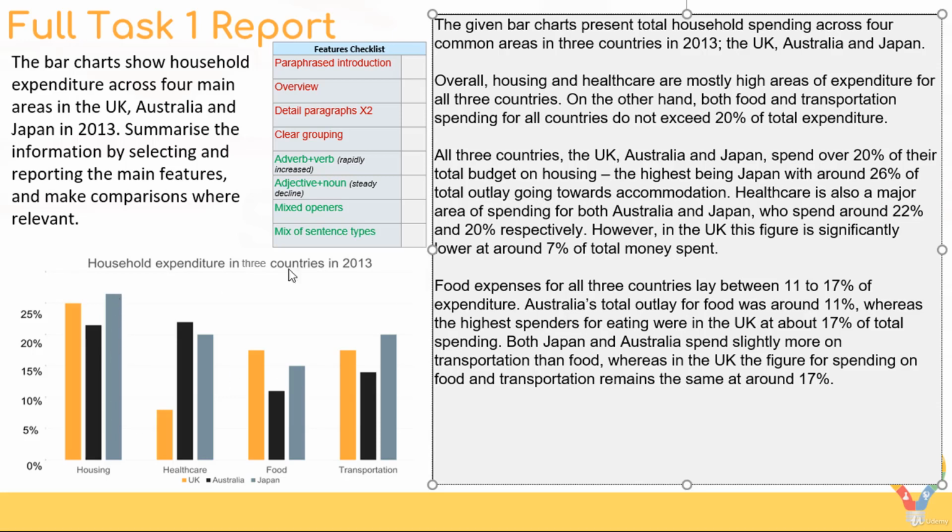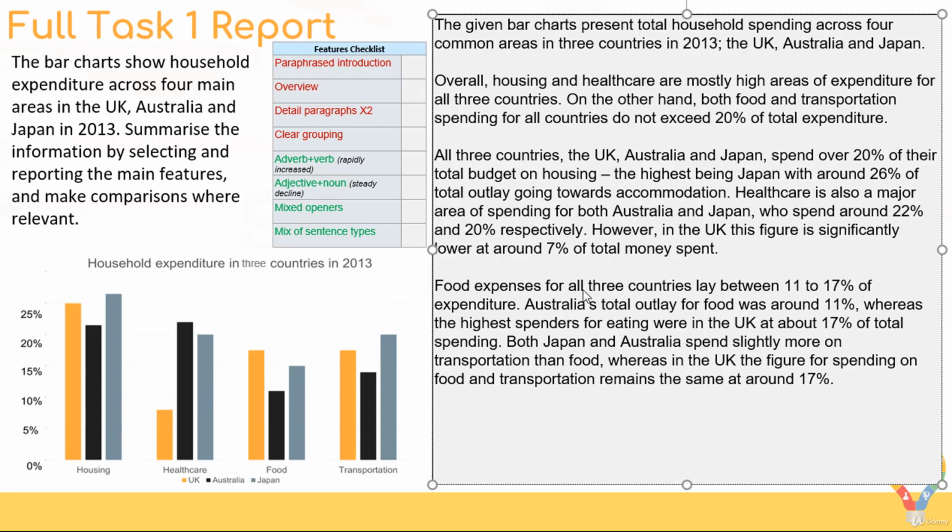There you go. Healthcare is also a major area of spending for both Australia and Japan. So this figure here, who spend around 22% and 20% respectively. However, in the UK, this figure is significantly lower at around 7% of total money spent.